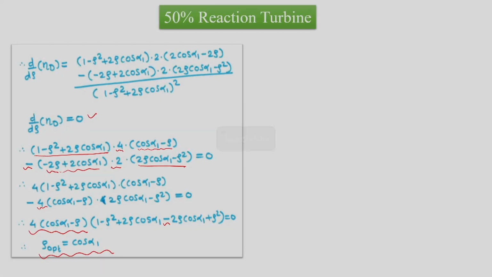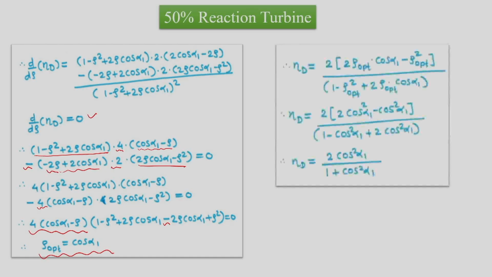So maximum efficiency of a reaction turbine will be obtained if rho, or Vb by V1, is equal to cos alpha 1. Then we can put it into the formula of diagram efficiency: 2 into 2 rho optimum cos alpha 1 minus rho optimum square, divided by 1 minus rho optimum square plus 2 rho optimum cos alpha 1.